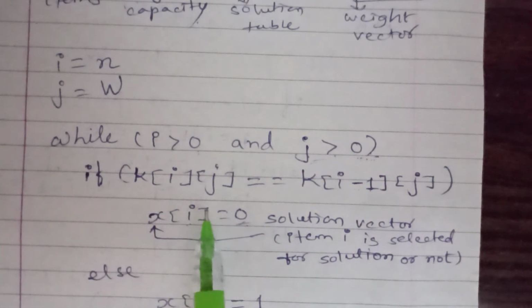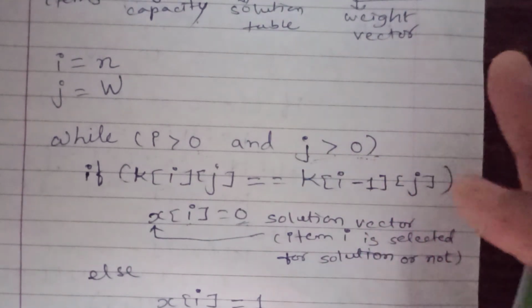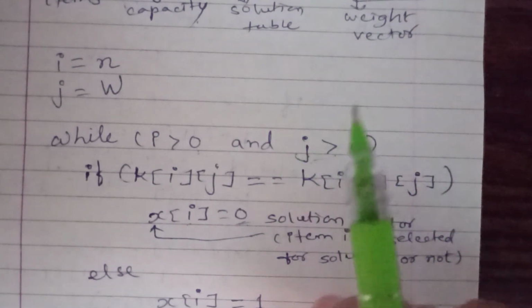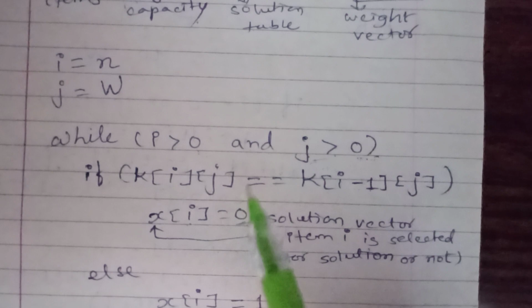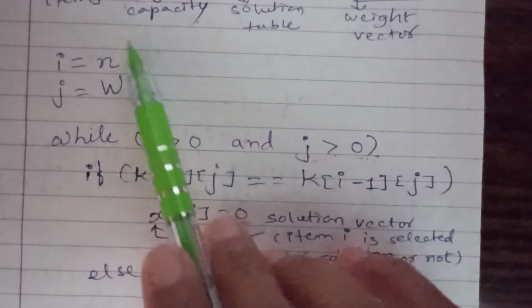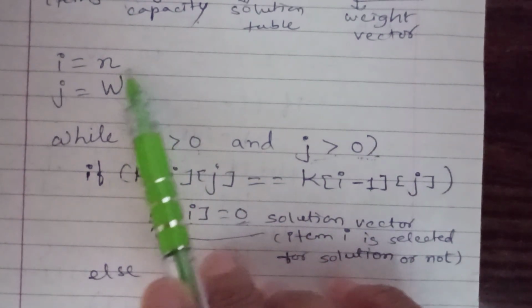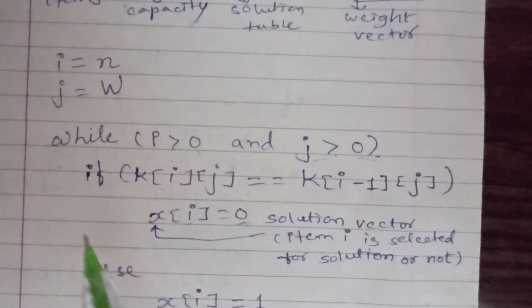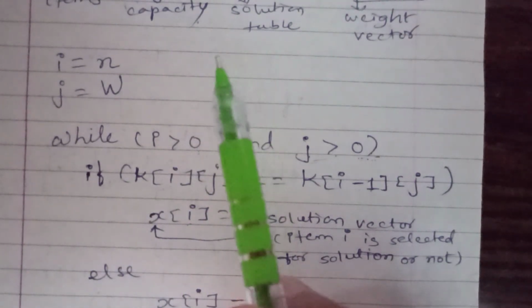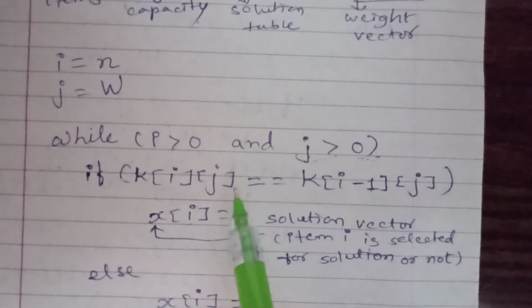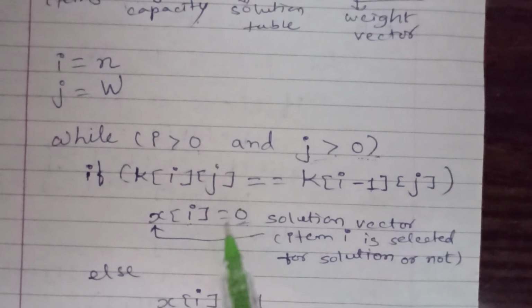If you analyze the table entries, let's say we start from the last cell, that is K of N, W. That value shows the total profit. Now, is the total profit generated with the help of the last object or not?